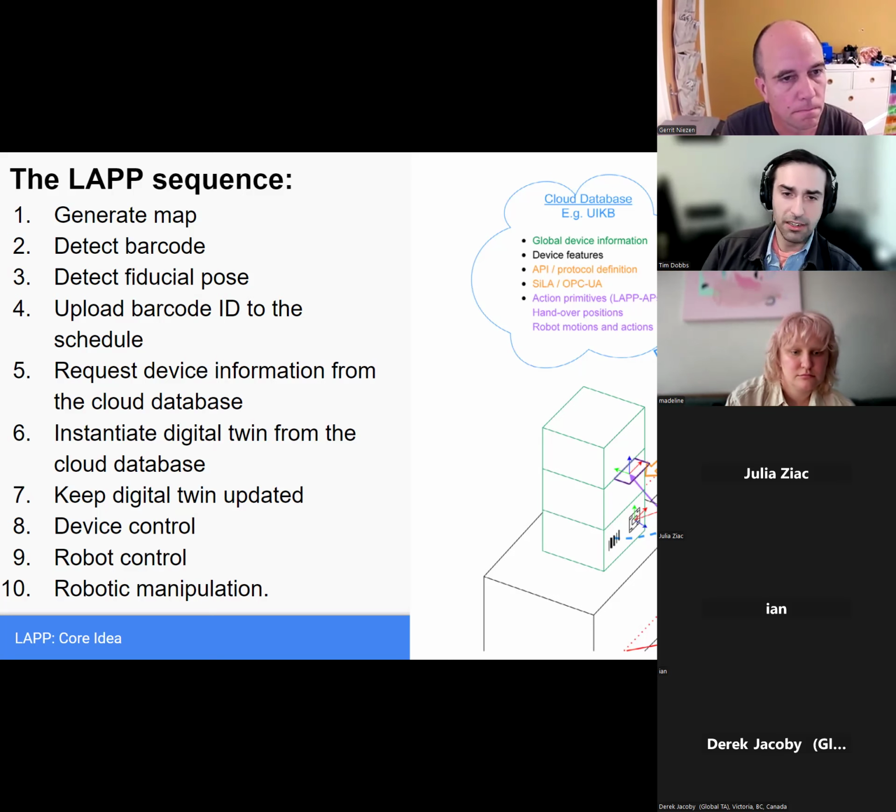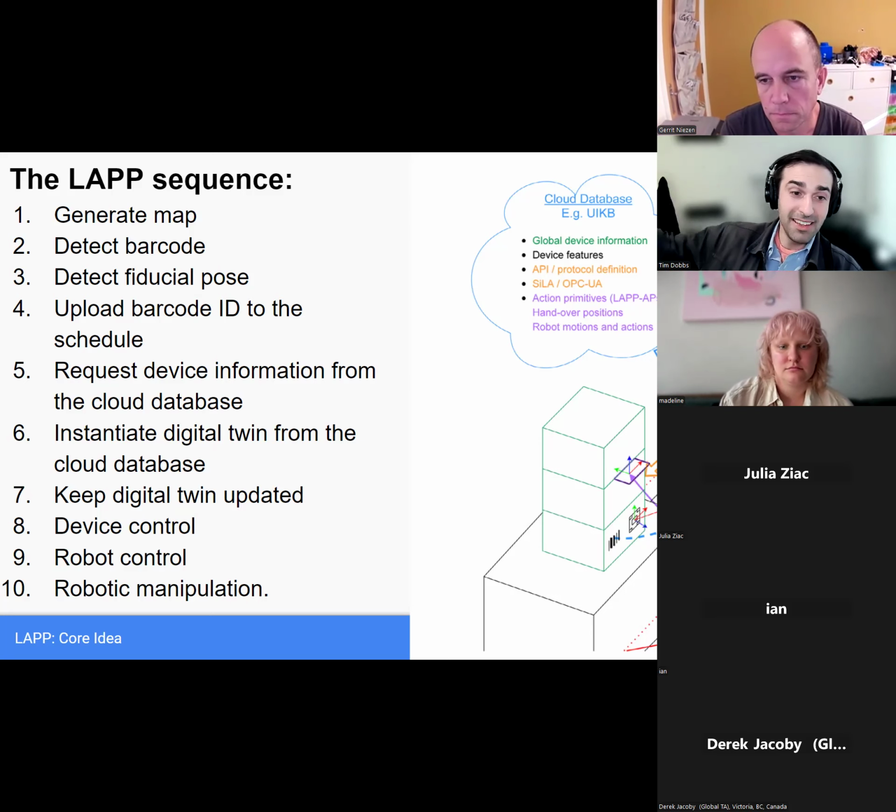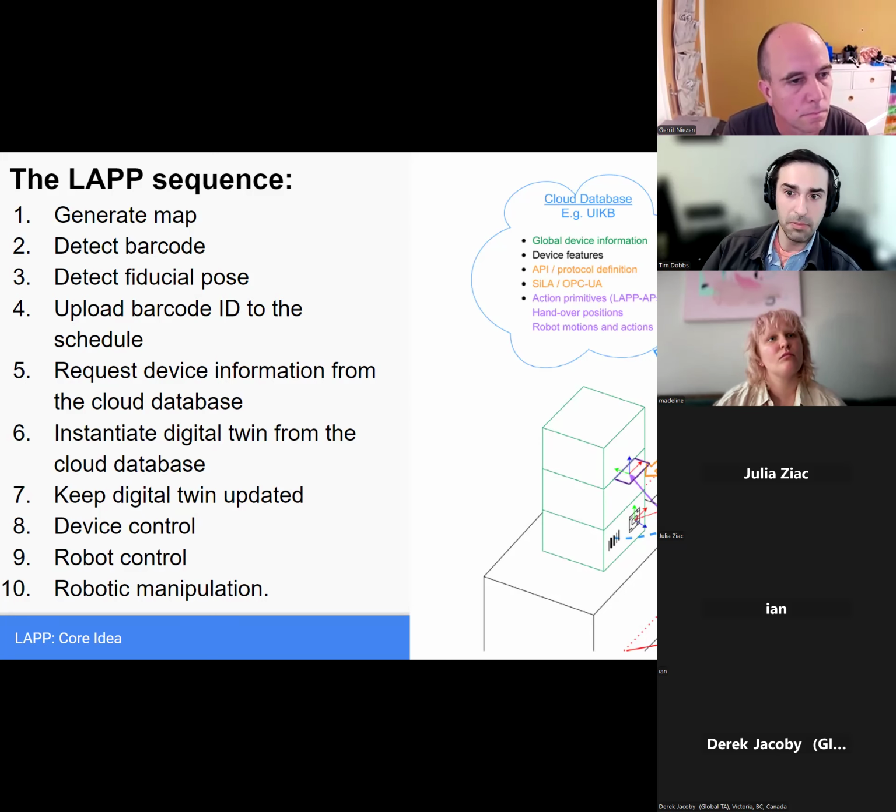Then it gets all the information to understand how to interact with this. Let's say it's a plate reader. It spins up a digital twin from the cloud database. I'm not totally clear about whether they mean a physical digital twin, so I understand whether or not this plate reader has its tray open, which is important. But then there's also the second part, where you might be interested in tracking the interior behavior of the system.